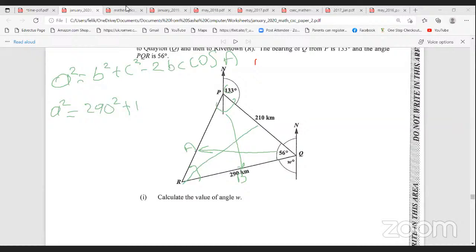CB. Minus 2 multiplied by, this is coming to be a big number.